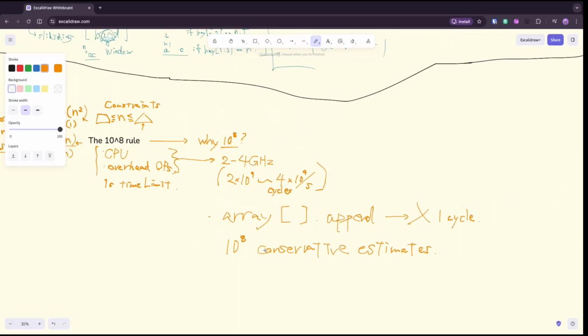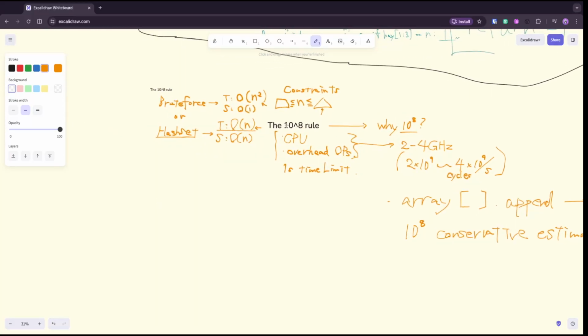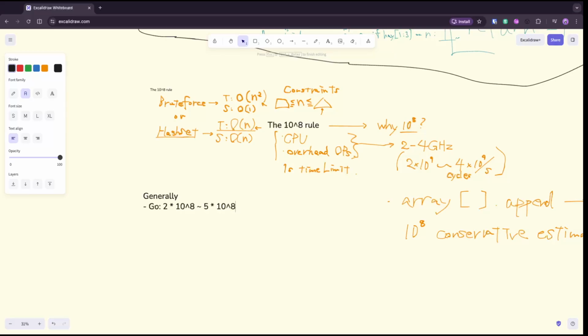Okay. Generally, Golang is 2 times 10 to the power of 8 up to 5 times 10 to the power of 8, which is better.